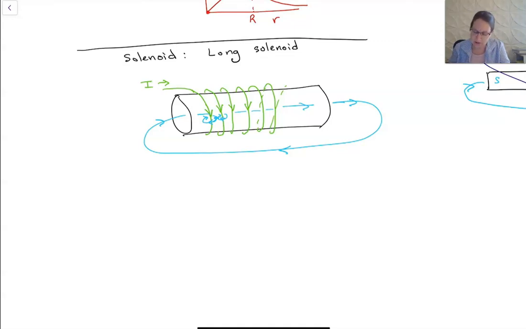So we're still going to use Ampere's law, and the trick is to find the Amperian loop. So we want it to follow along the direction of the magnetic field. So I make it along the direction there. And then I'm going to make it come through, think of those as dotted, and then it comes to the outside. Make it really long, and then like this.